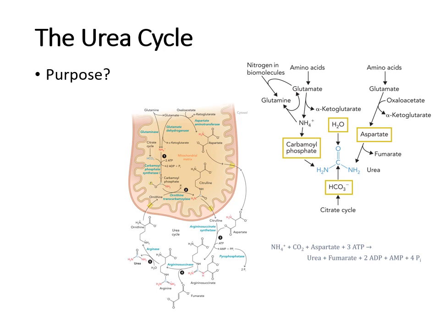So basically, what we see here is the urea cycle, so that ammonium produced from that deamination of amino acids can be excreted as urea, or it can be used and recycled to synthesize other nitrogen containing compounds.